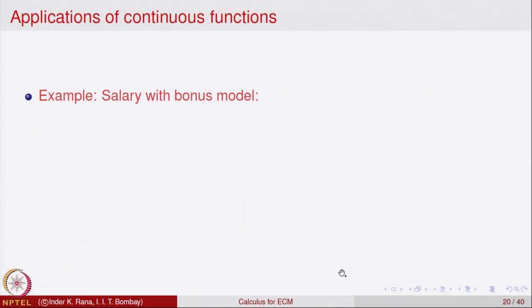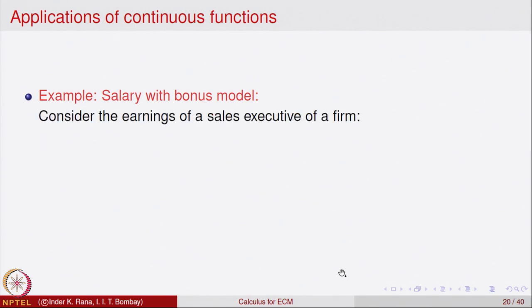Our next example is the model of salary with bonus that is followed in many firms. So, the model is as follows. Consider the earning of a sales executive of a firm, some executive who is in the sales department of a firm.